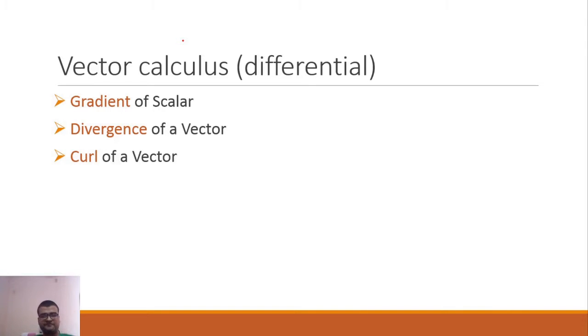So let us see an important concept without delay, which is known as delta. Delta is an operator which will help us differentiate scalars and vectors, and it will help us perform the operations known as gradient, divergence and curl that we see here. Delta is ideally a vector quantity that is represented by del x ax, del y ay, del z az.